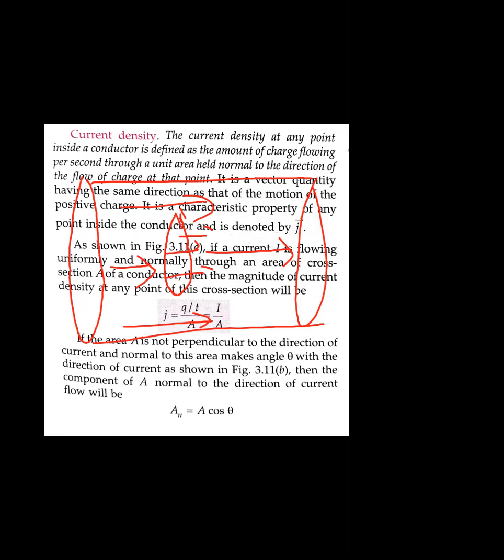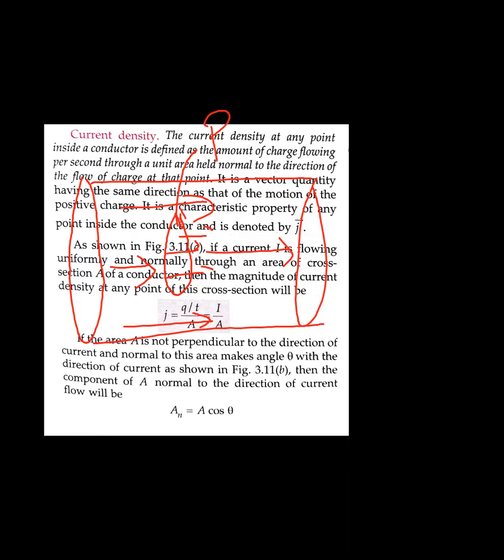So through this cross section, suppose I name the cross section as P. Through cross section P, the amount of charge flowing per second is called the current density, right? This was the case when the cross section and the direction of the current are perpendicular.